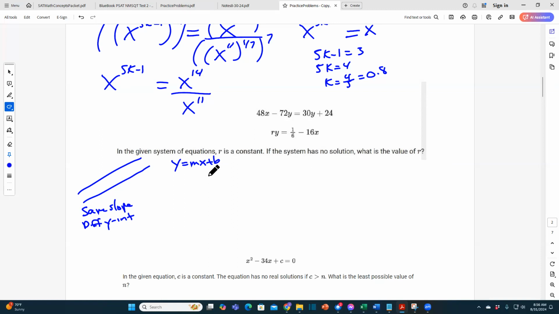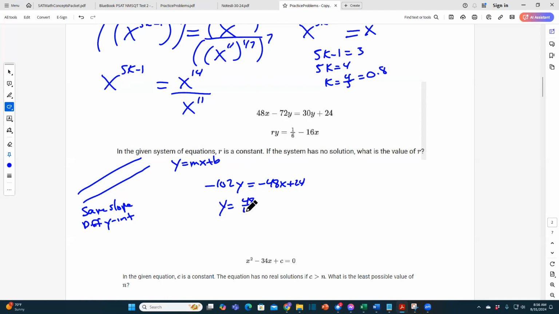Okay, so if I take that first one, try to get the y by itself, subtract 30y from both sides. It's going to give you negative 102y. Move the 48x to the other side, negative 48x plus 24. Divide by negative 102.